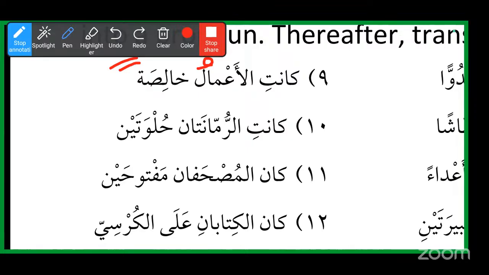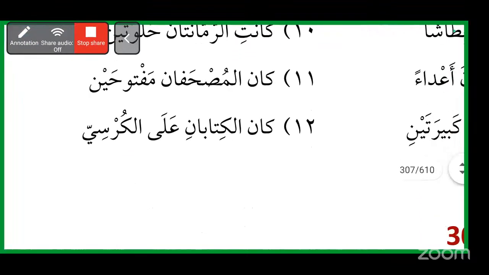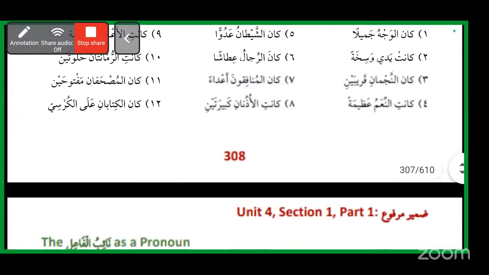It was sweet. كان المصحفان مفتوحين. The two pages were open. Correct. كان الكتابان على الكرسي. They were on the chair.